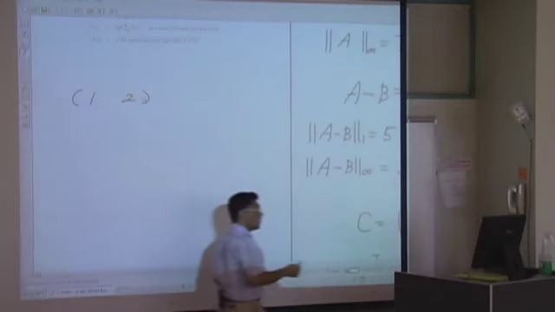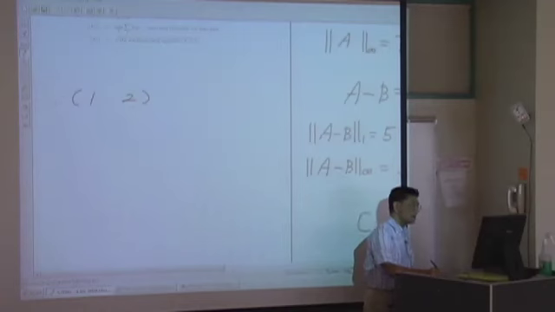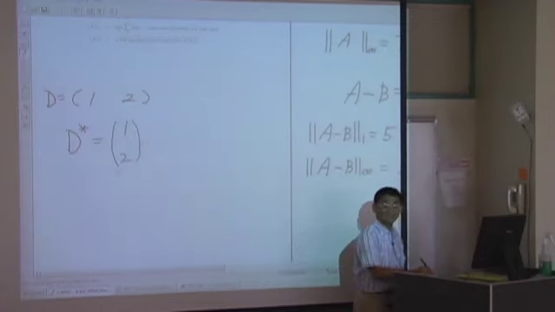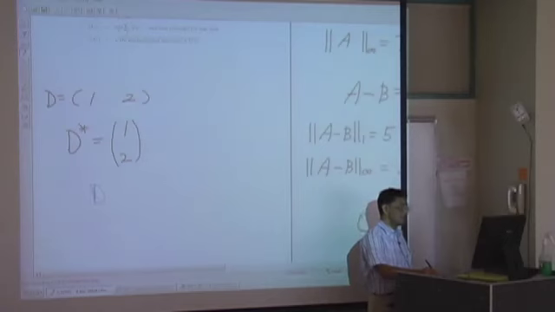Assume that this is A, I will say D. Then what is the D star matrix? 1, 2. Then D star matrix multiplied by D matrix is what? It equals 1, 2, 2, 4.